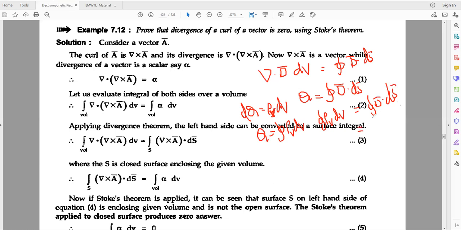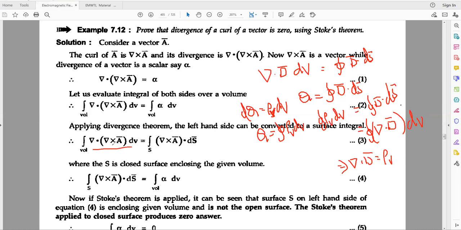The surface integral is converted to the volume integral, meaning del dot D bar into dv. So del dot D bar is equal to rho v. This is one of Maxwell's equations.